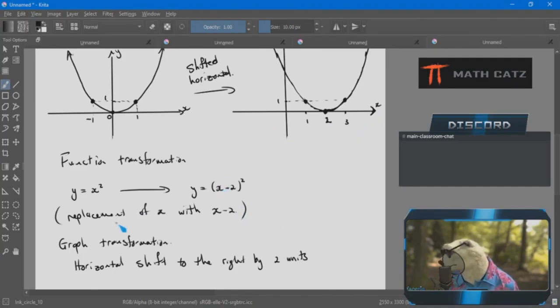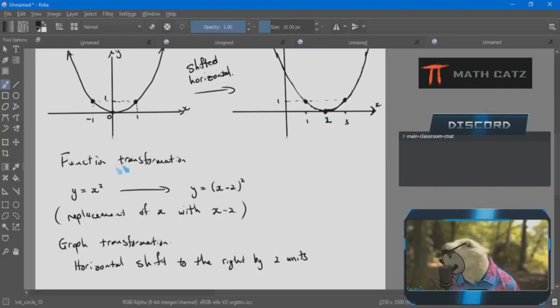If I replaced x with an x plus 2, then I would shift to the left. So it's maybe a little opposite to what you might immediately intuitively think. But we argued why it shifts to the right. So it definitely does.